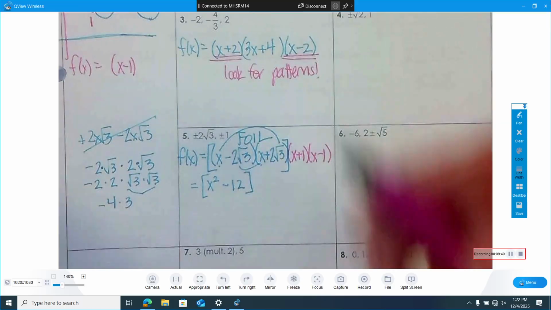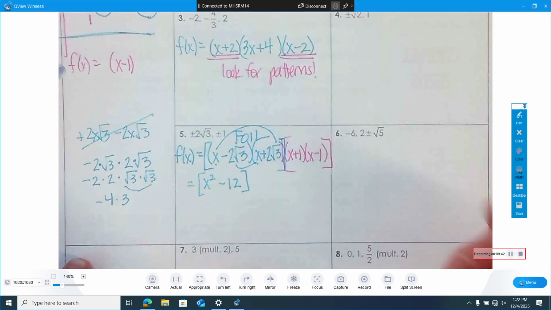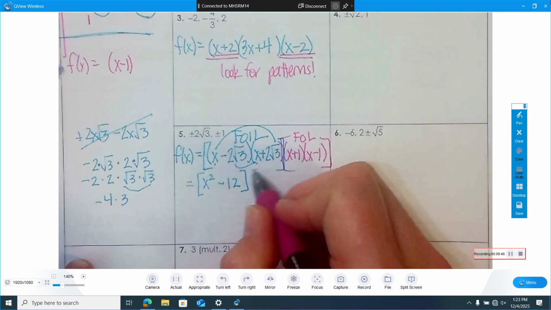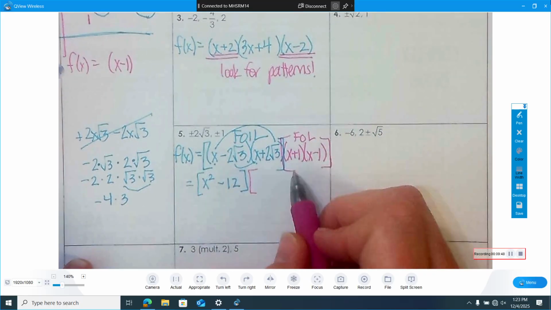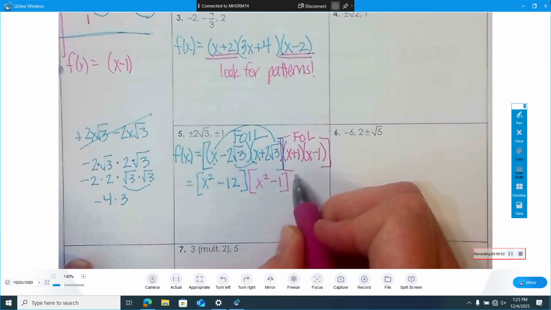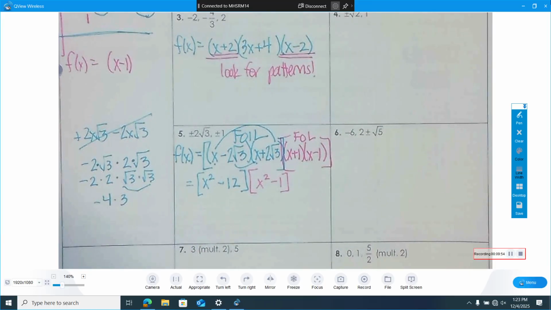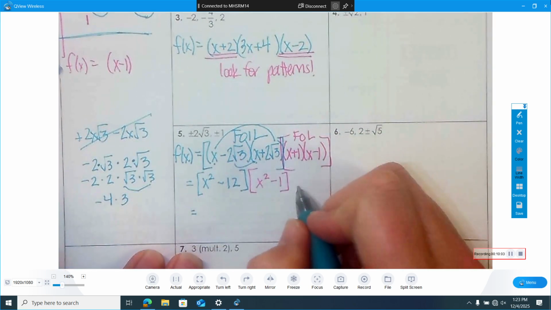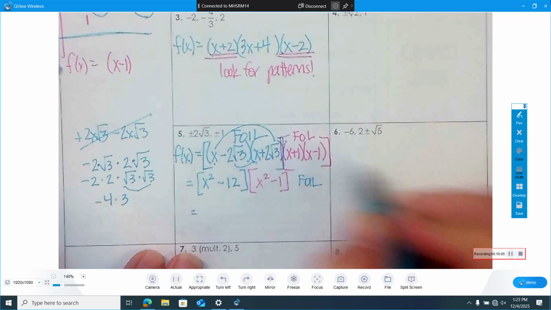Now, on the tail end here, the pink bubbles, if you FOIL those together, what do you get? X squared minus 1, yes. Again, the negative 1x and the positive 1x cancel out. And now we just have to multiply these together, which isn't so bad now. And so we're FOILing these as well.